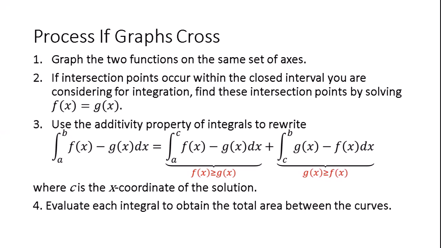And then you're going to add on another definite integral from c to b of g of x minus f of x. And again, this integral would be used where g of x is greater than or equal to f of x. And c happens to be the x-coordinate of the solution to where f of x is equal to g of x. Evaluate each of these integrals to obtain the total area between the curves. So you evaluate the integrals and add them up.